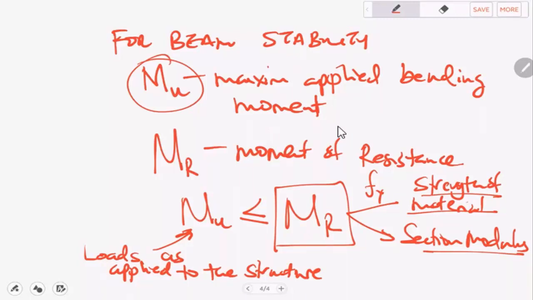But I want you to understand that this load, the ultimate load, is the maximum bending moment. Like the maximum bending moment is equal to things like omega LE squared over 8. Alright?